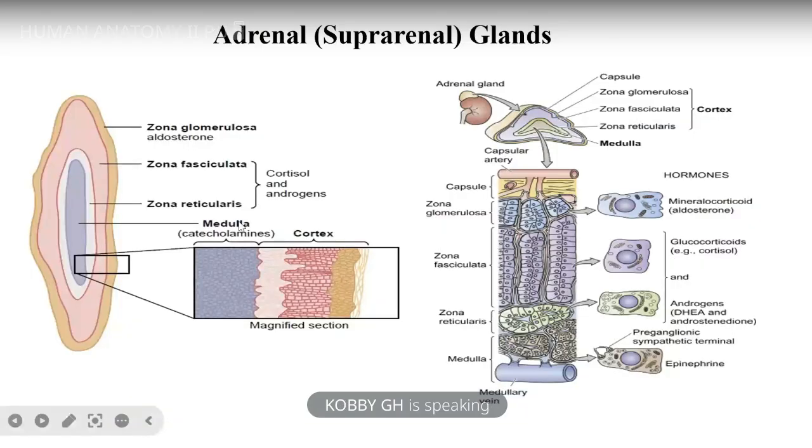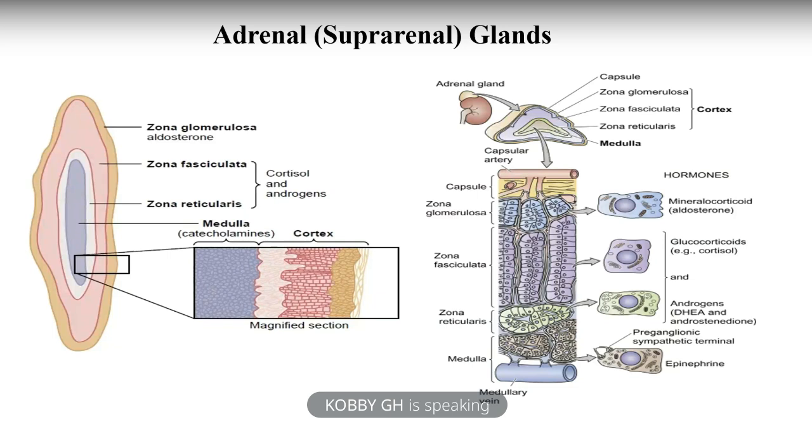The gland produces three hormones: epinephrine, norepinephrine, and the last one, dopamine. Some books call them medullary hormones, and together they are catecholamines. What are the adrenal medullary hormones?